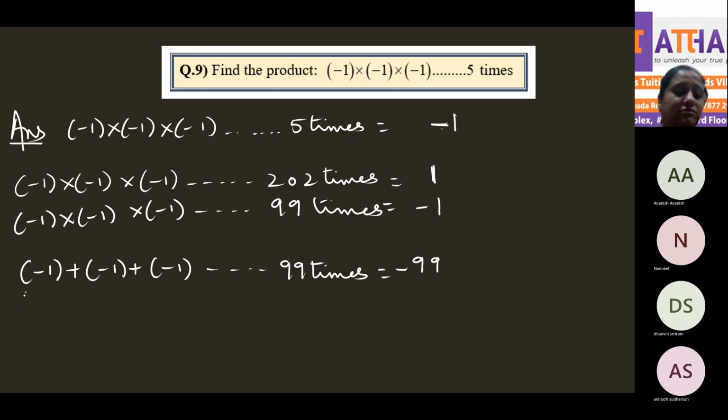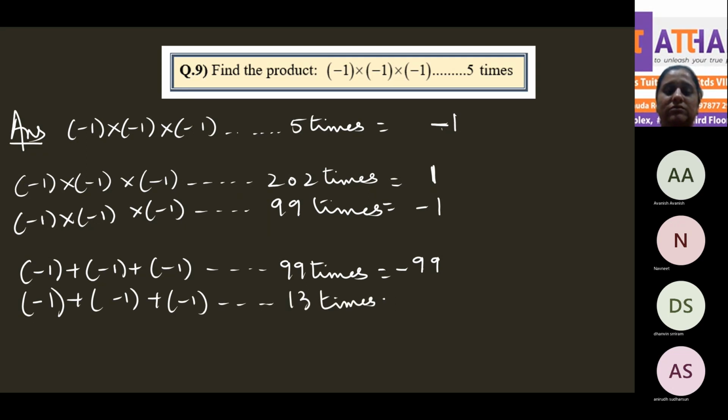Okay. Navneet, what's the answer for this one? Ma'am, minus 13. Avnish: I was on mute, sorry. Minus 13.